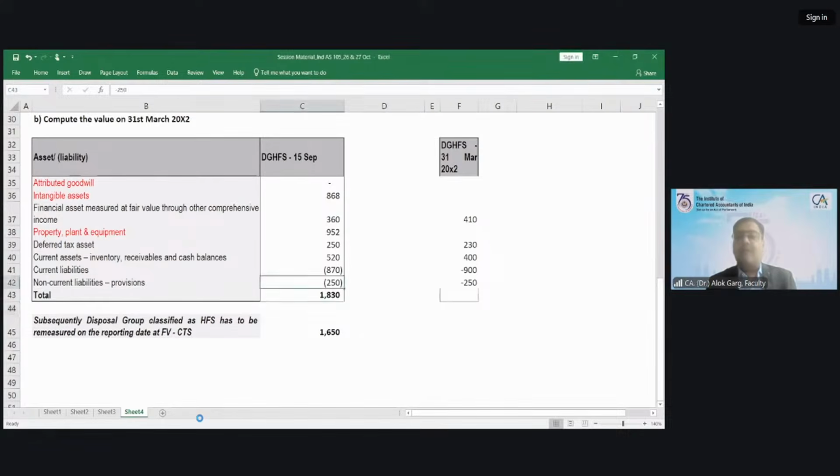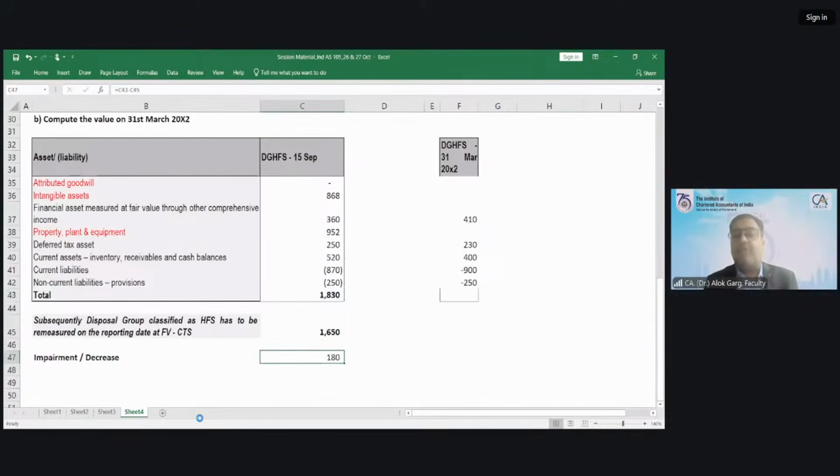But out of this 180, of course 1830 minus 1650 is a decrease, impairment or rather I would say impairment plus decrease, because there are some natural decreases also, like liabilities have gone up, so your net assets will decrease, correct? Yes, sir. Some natural operational decrease also.